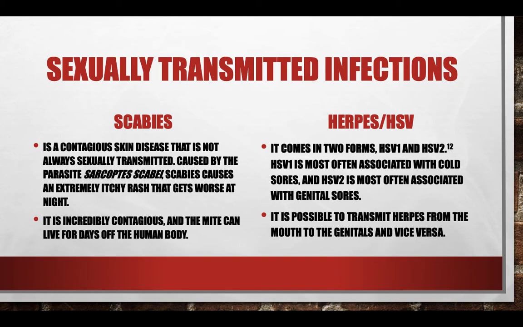There is also herpes, or HSV. It comes in two forms, HSV1 and HSV2. HSV1 is most often associated with cold sores, while HSV2 is most often associated with genital sores. And it is possible to transmit herpes from the mouth to the genitals and vice versa.